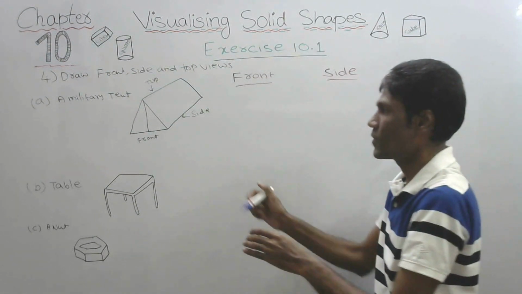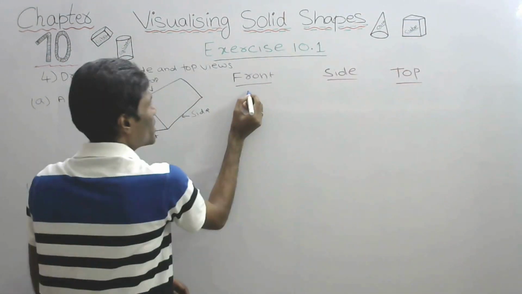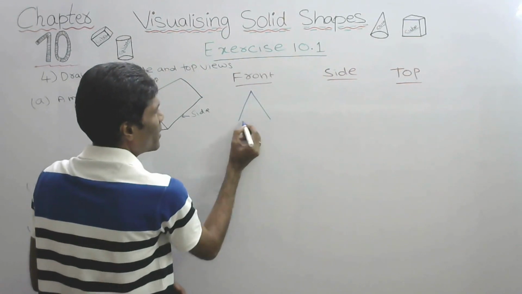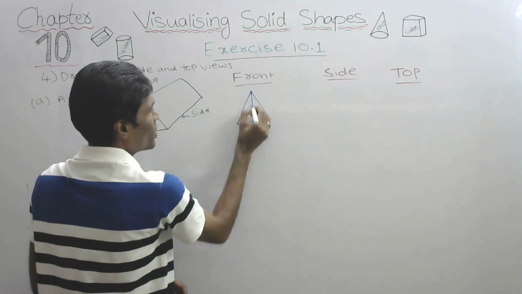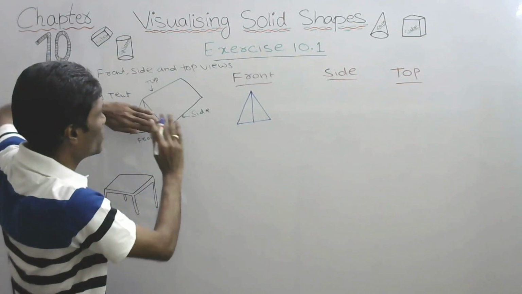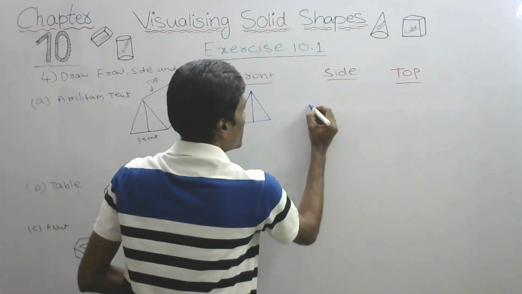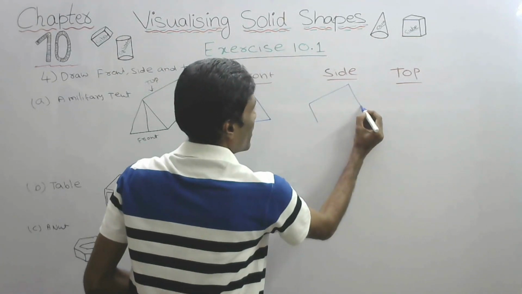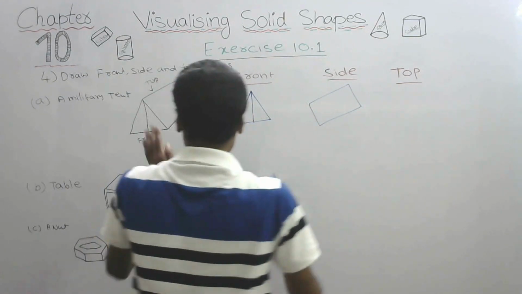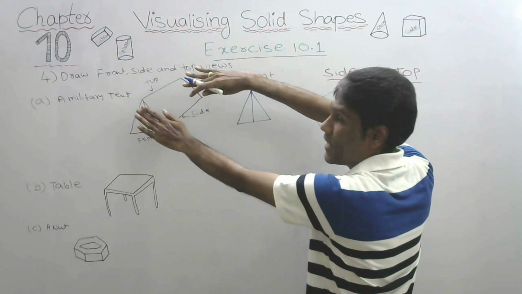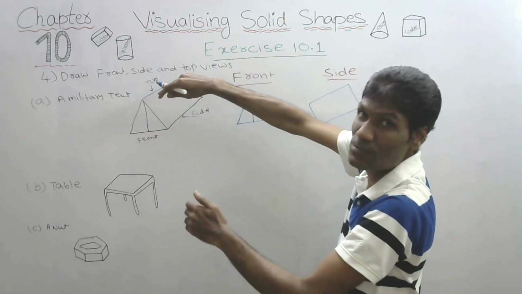That is the thing. Now, what is the front view? Simple. This is the front view. Easy. Now side view. This part. Like this. That is, when we see from this side, it will look this part only.